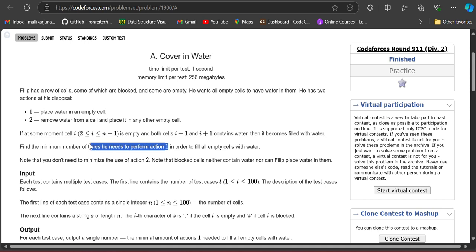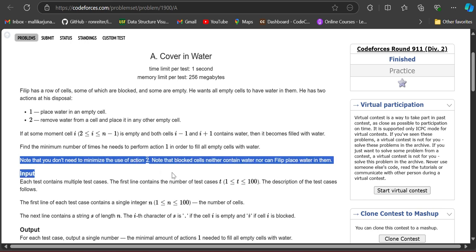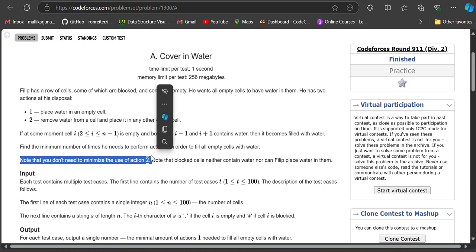We have to return a number, the minimum for which all empty cells are filled with water. Note that you don't need to minimize the use of action 2, so we can use action 2 any number of times.